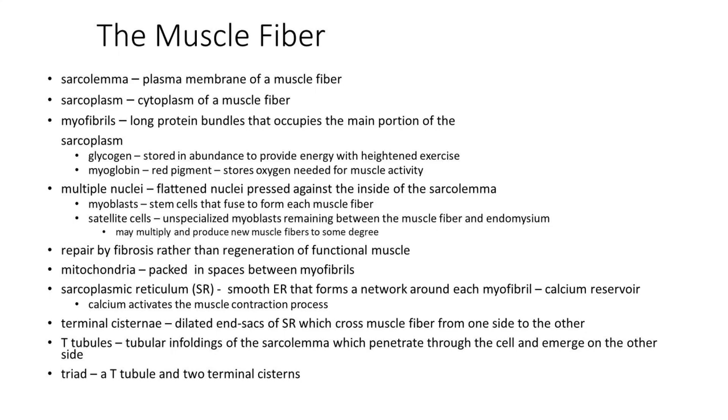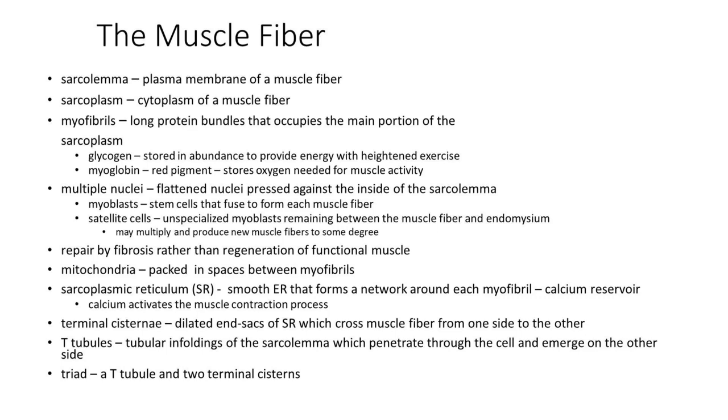Within a muscle fiber, we have several things, and we need to know the definitions of these things. So we have what's called a sarcolemma. This is the plasma membrane of a muscle fiber. We have sarcoplasm. This is the cytoplasm of a muscle fiber. We have myofibrils.